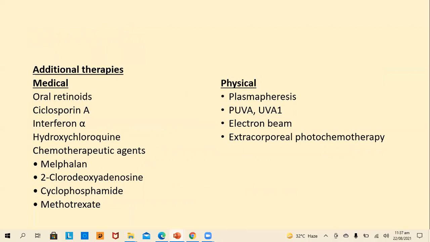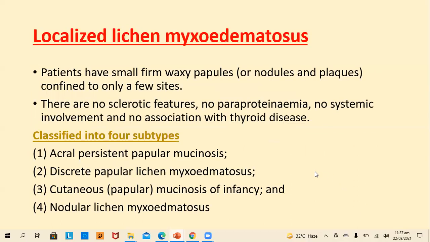Additional therapies include oral retinoids, cyclosporin, interferon alpha, hydroxychloroquine, chemotherapeutic agents like melphalan, 2-chlorodeoxyadenosine, cyclophosphamide, or methotrexate. Physical therapies include plasmapheresis, PUVA or UVA1, electron beam therapy, and extracorporeal photochemotherapy.